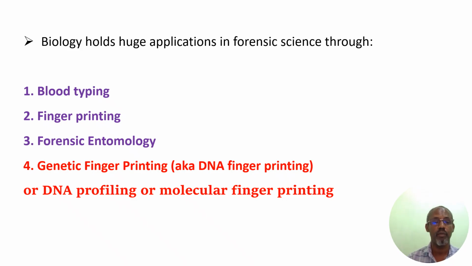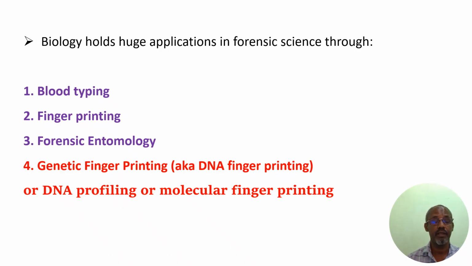There are about 11 genetic typings of the human blood. The most common that we know is the ABO blood grouping system. Blood typing also helps us to solve legal cases or criminal acts. Especially, blood typing is used in solving paternity cases.